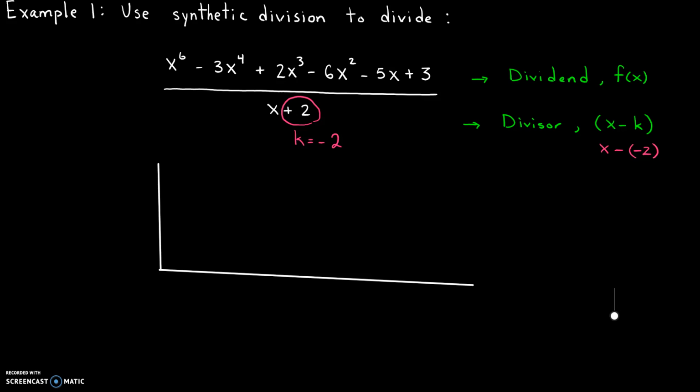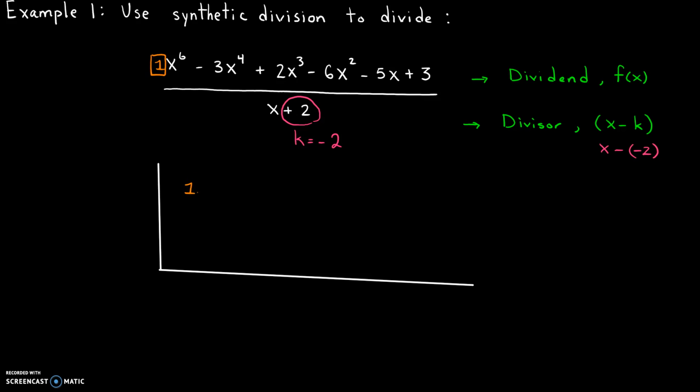I'm going to look at my numerator, and all the coefficients of the numerator are going to be put in this first row. For example, the number in front of the first term is just a 1, so we're going to have 1 there.